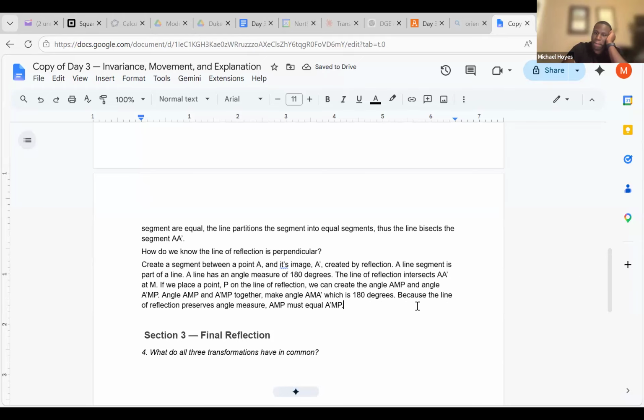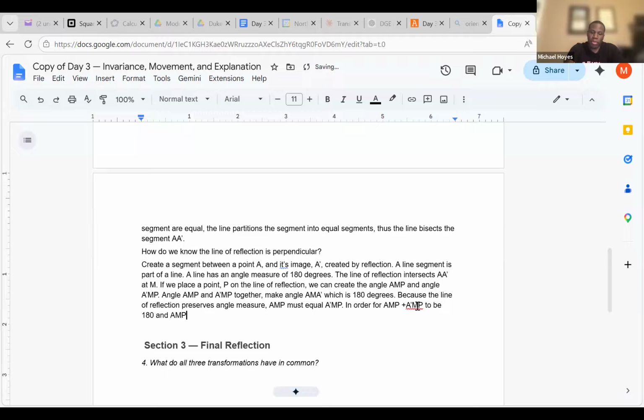You agree with that? Yeah. In order for AMP plus A prime MP to be 180 and AMP to equal A prime MP, AMP and A prime MP must both be 90 degrees.